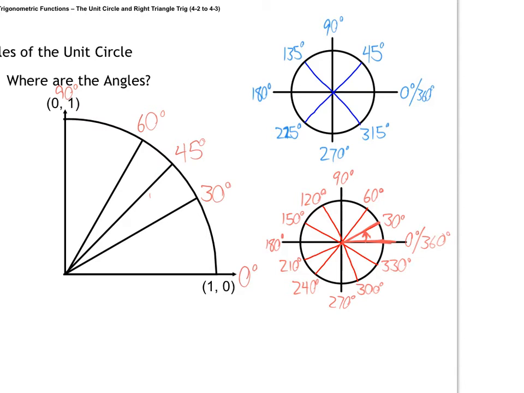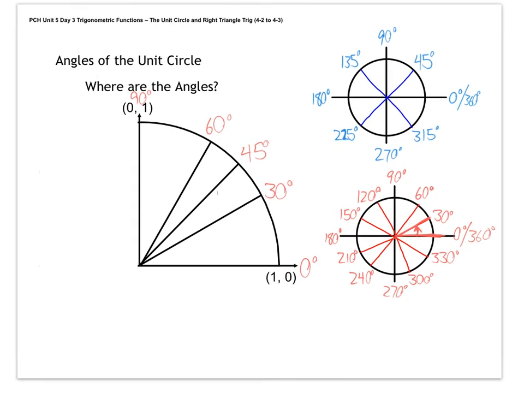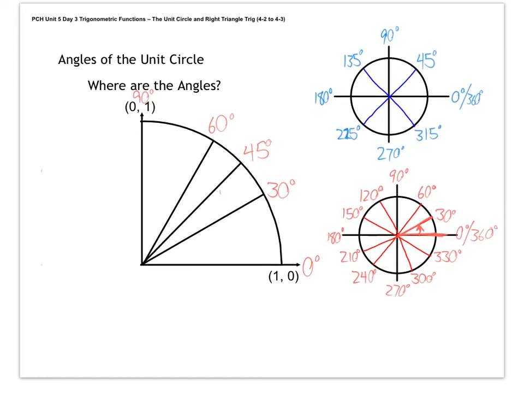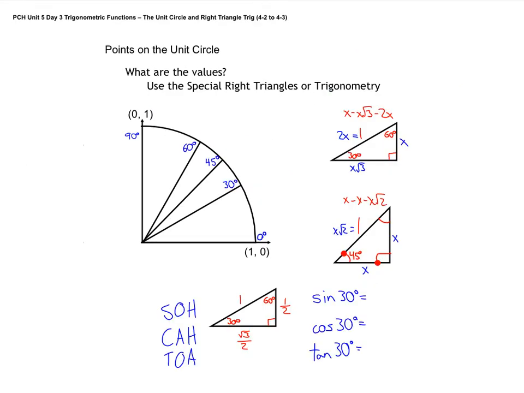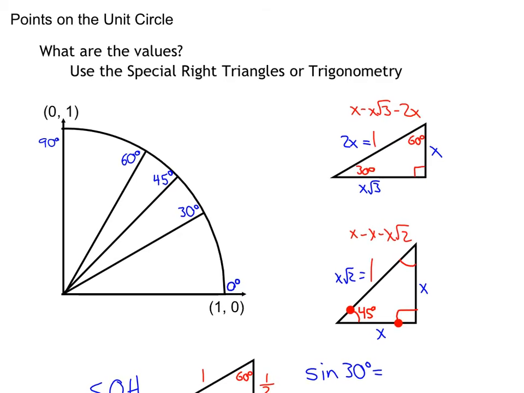from here, we've answered the question of what the angles are. The next thing that we need to look at is what are the values of the sides, okay? Now, have you guys done 45, 45, 90 right triangles and 30, 60, 90 right triangles this year? We've just done right triangles.